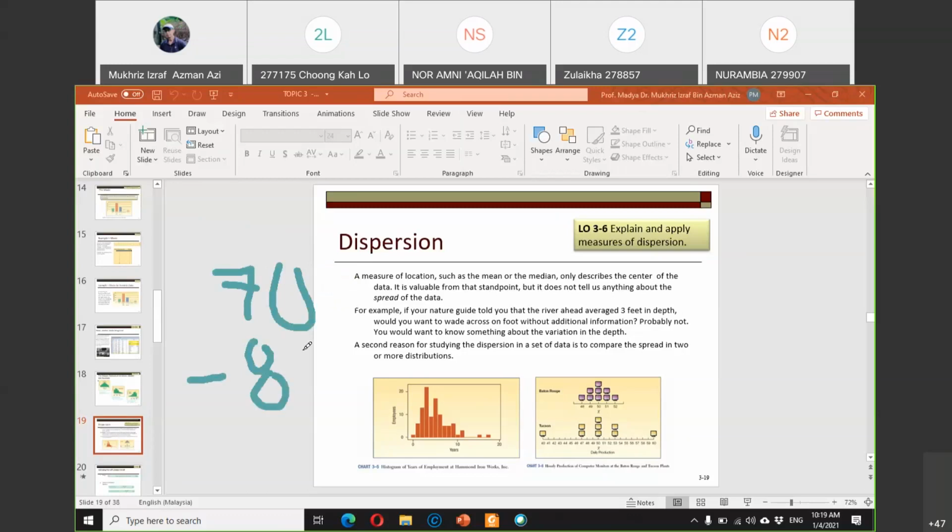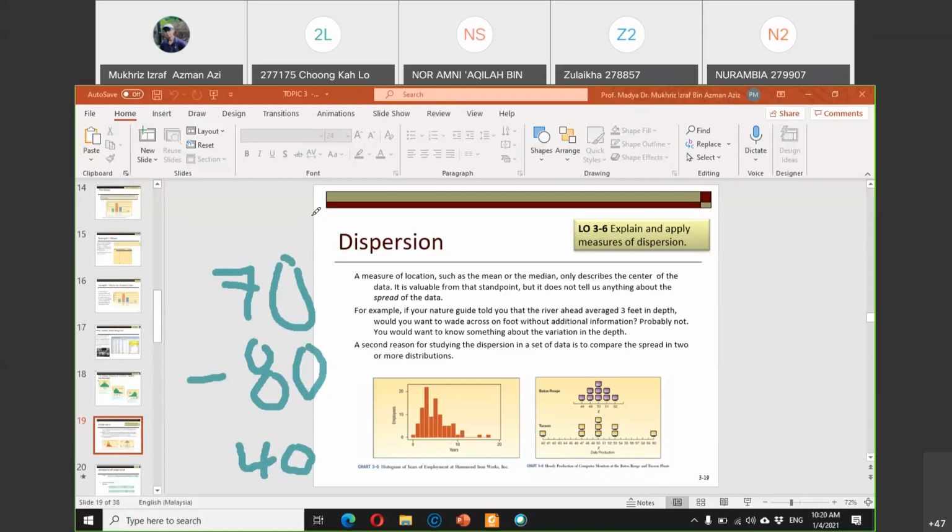Meaning most of the students' marks are around 70, let's say 40 out of 50 students have marks between 70 and 80 percent. The remaining 10 students, some got A plus and maybe some got B minus and below.